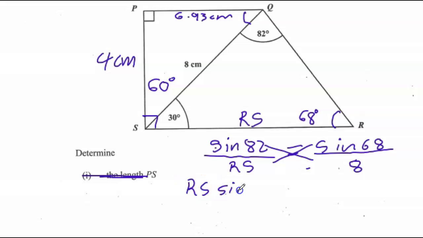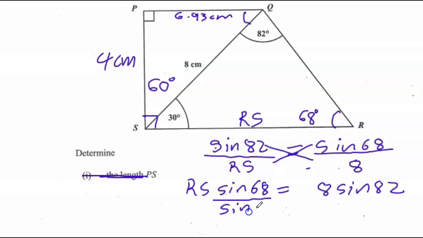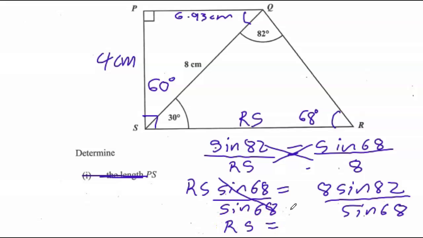You have RS sine 68 equal 8 sine 82. Remember, you're solving for RS, so you need to divide both sides by sine 68. So RS is equal to 8 times sine 82 divided by sine 68.